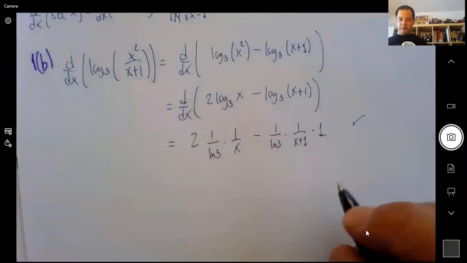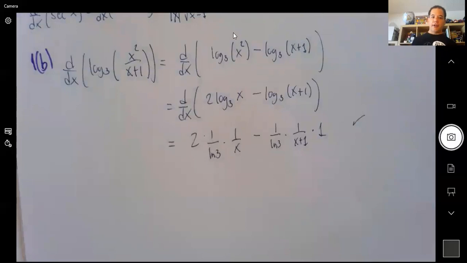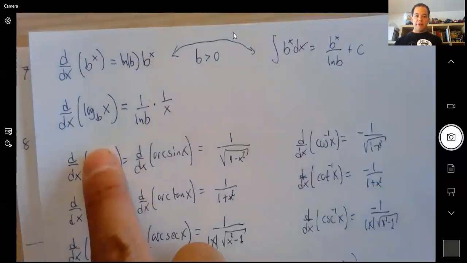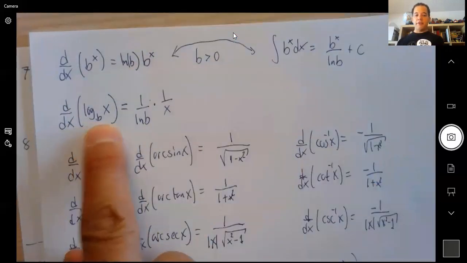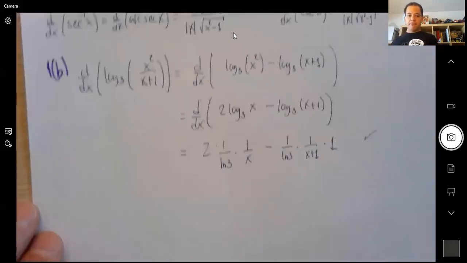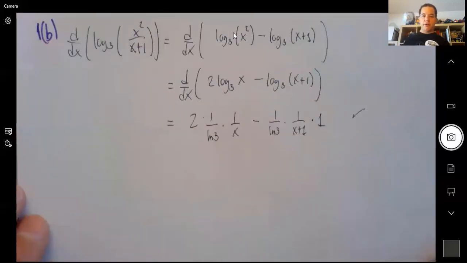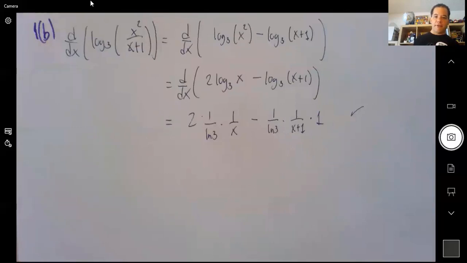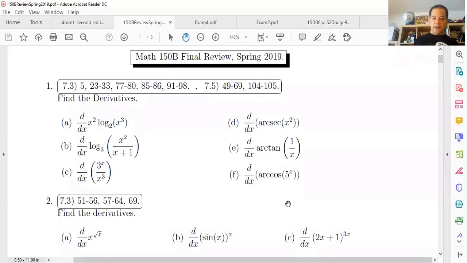We are done, right? So that was easy. Notice I use this rule over here. We use this rule, right? The derivative of log base 3 is 1 over ln 3 times 1 over x. Okay? All right. Any other that you would like from this one?